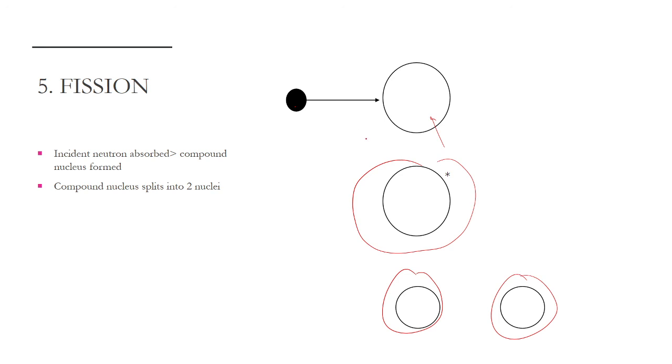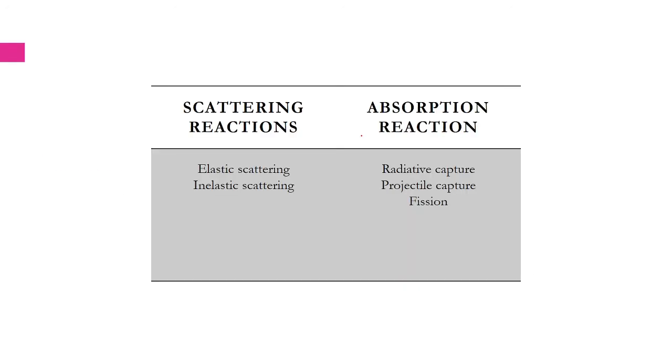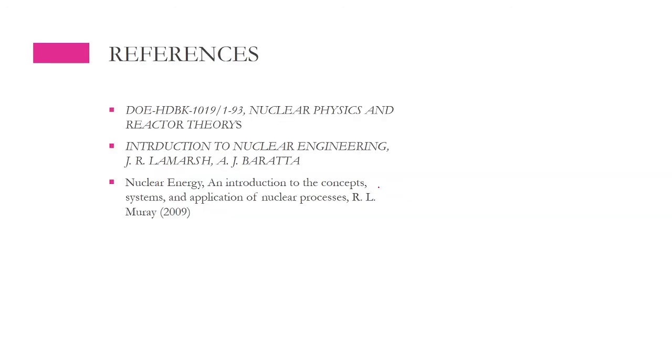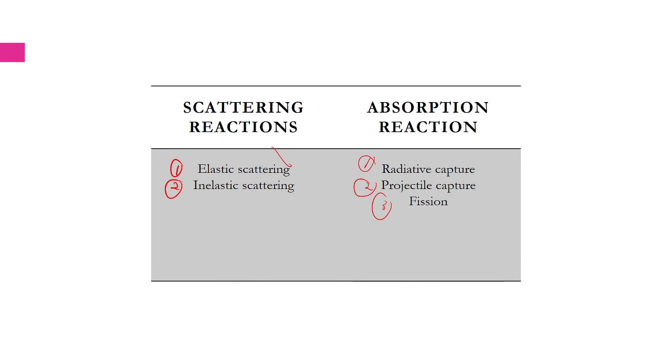So under scattering reaction we have elastic and inelastic, and under the absorption we have radiative capture, particle ejection, and fission. So I hope that's the overview. Some overview about the interaction of neutrons with nucleus. Thank you.